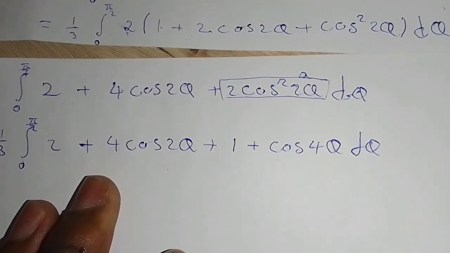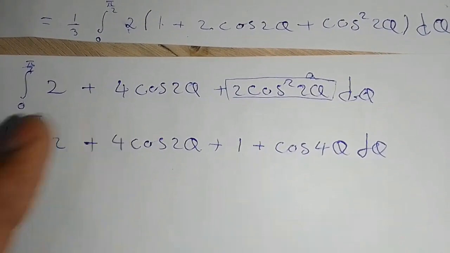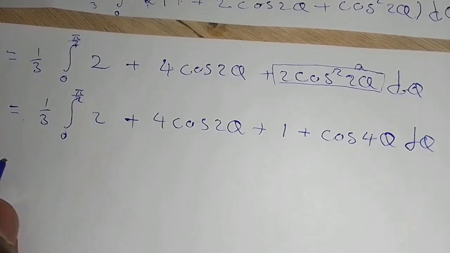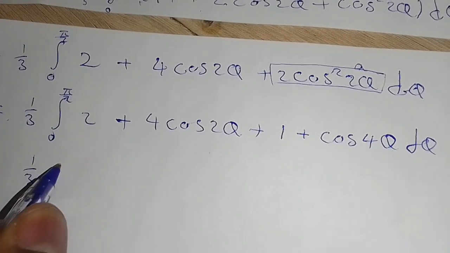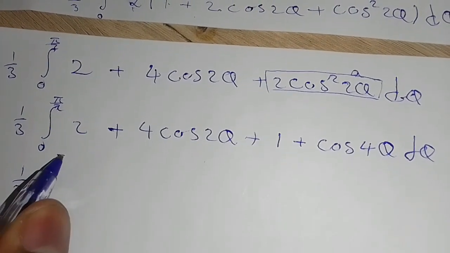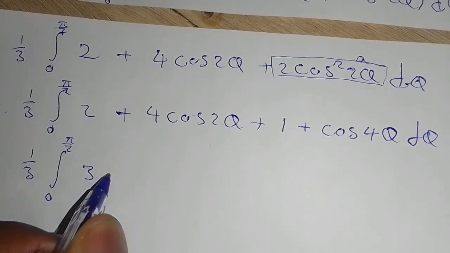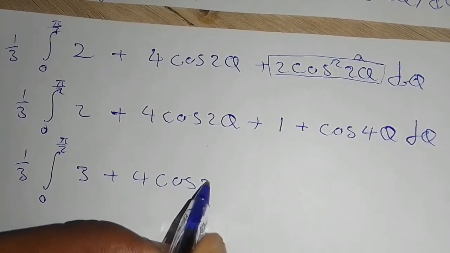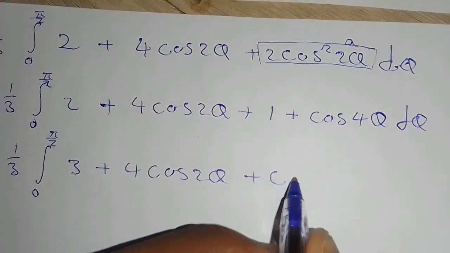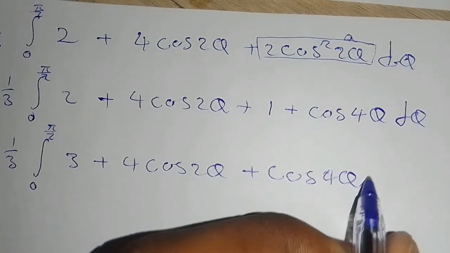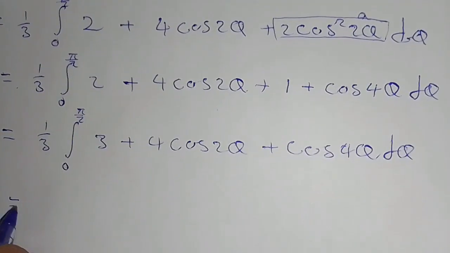That's what we have. Then we have 1 plus 2. That's going to be 3, right? So we have 1 over 3, the integral from 0 to pi over 2 of 3 plus 4 cos 2 theta plus cos 4 theta d theta. Then from there we can just integrate.